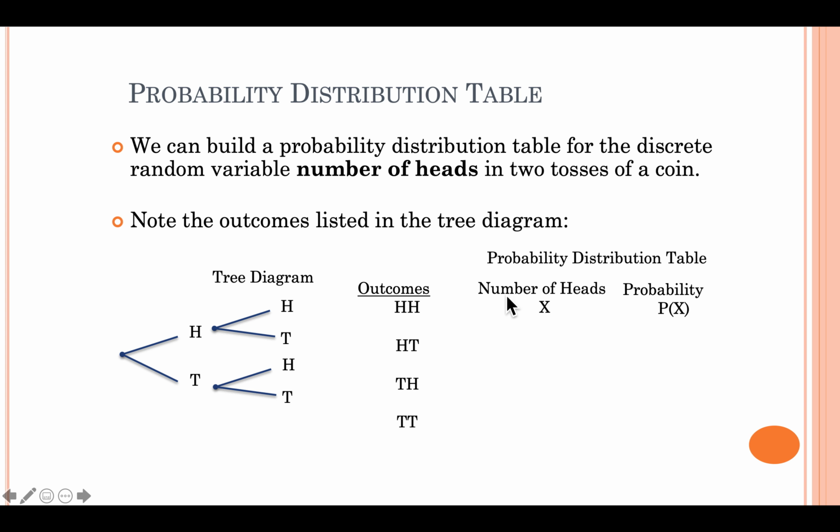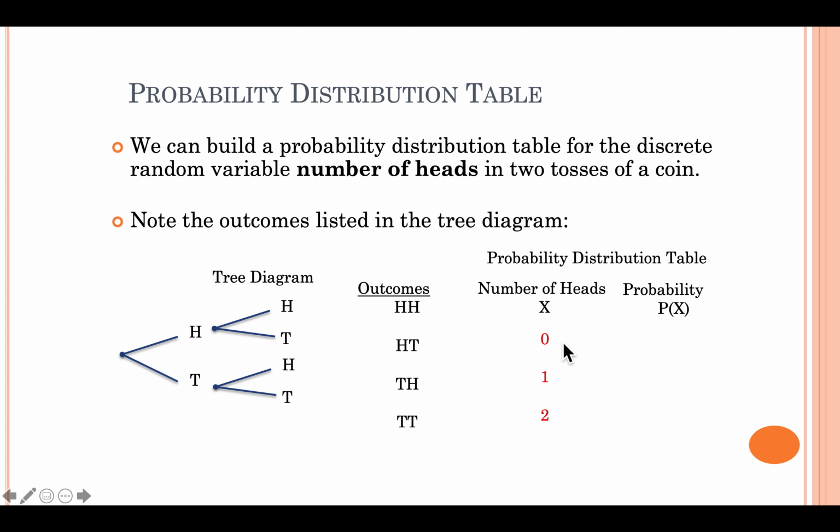The first column is number of heads. That is the variable that we're examining in this experiment. And the second column is probability. So number of heads is denoted by the capital letter X, and probability is denoted by a capital P, and in parentheses we're going to put X because in this column we're going to label the probability of getting that particular value of X. So in the first column, number of heads, you list the possible values of X that we established earlier.